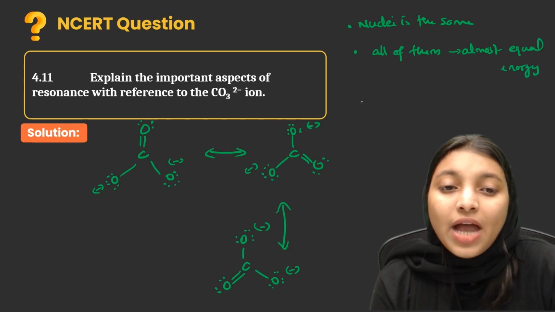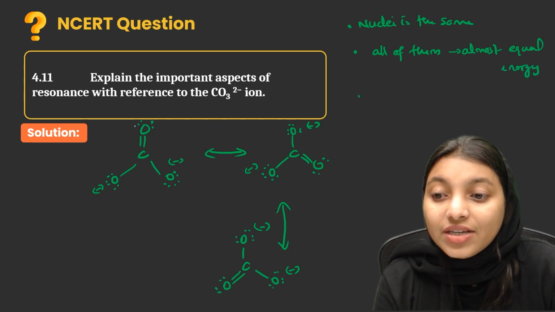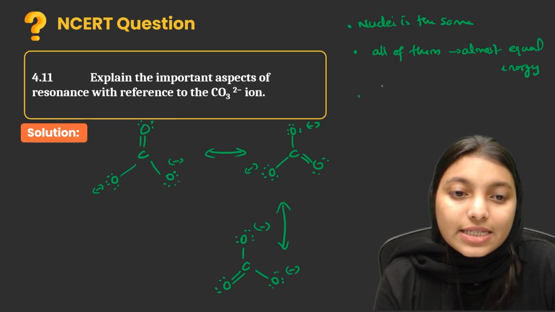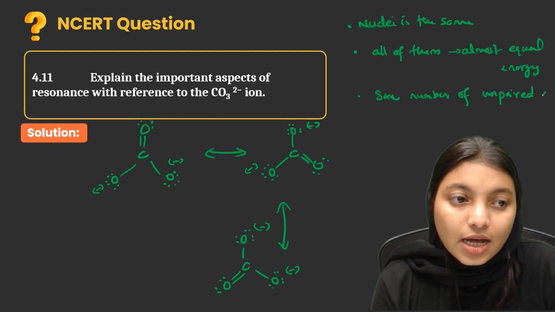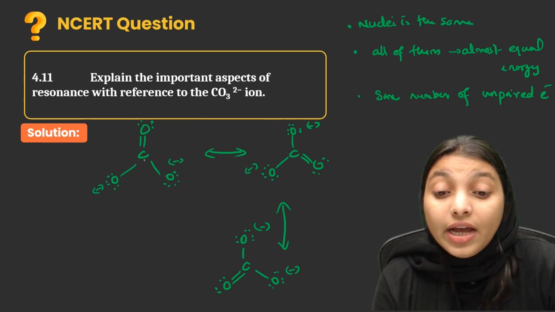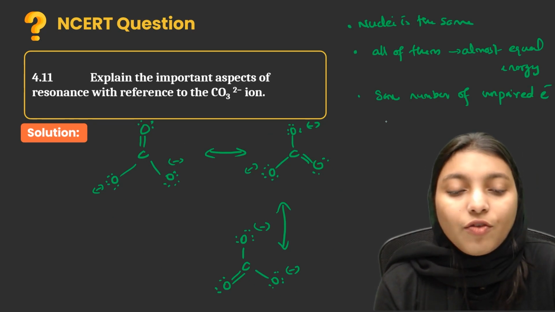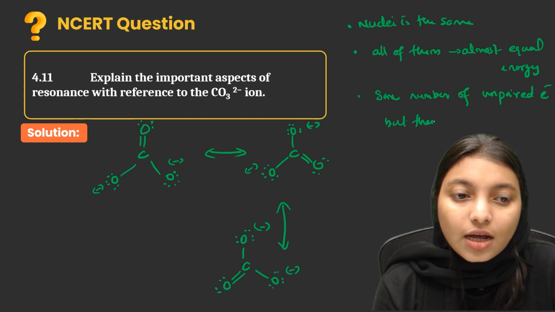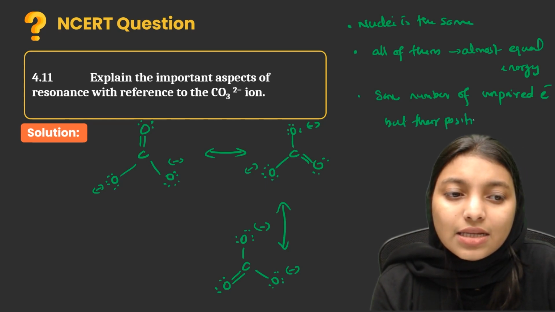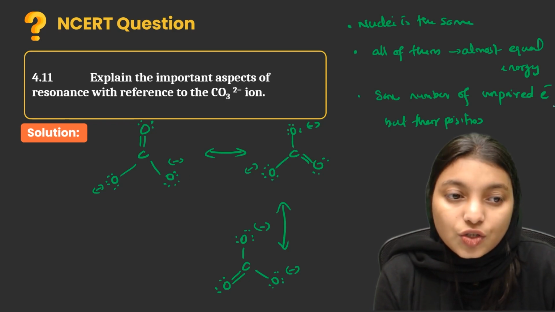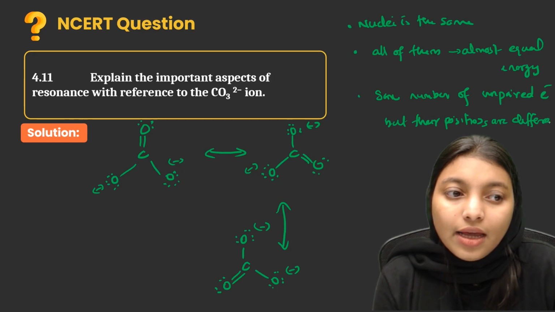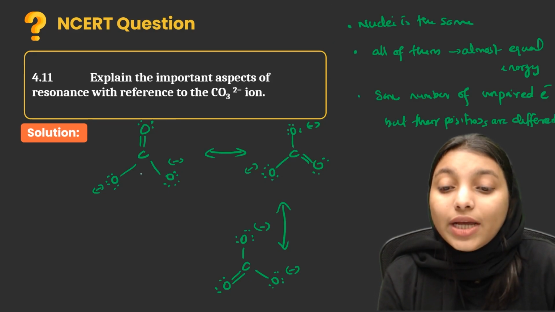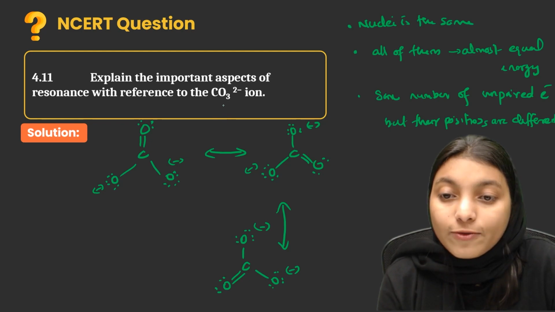In all these structures we have the same number of unpaired electrons, but their positions are different. That is the main difference in these structures. So these are the three important points that we can take from the resonance structures of the CO3 2- ion.